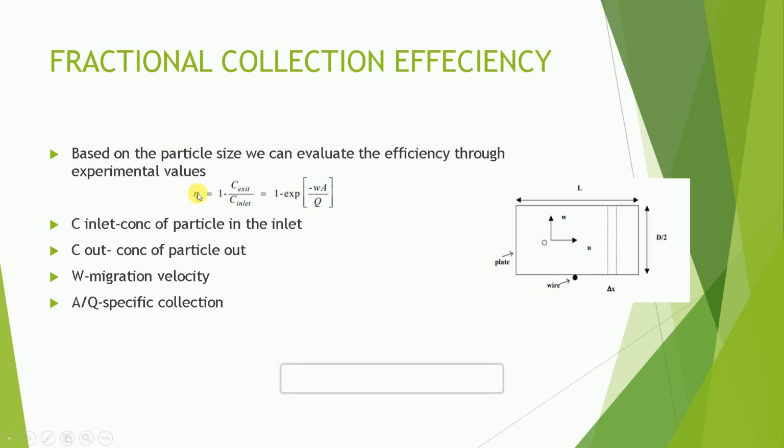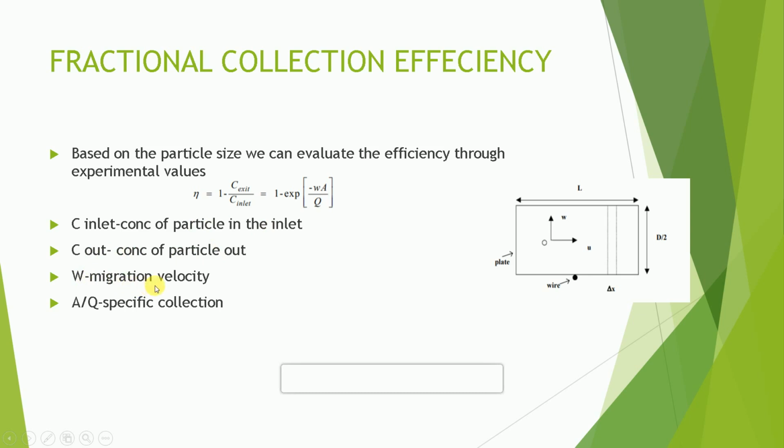Let phi be the efficiency. Phi equals 1 minus C exit by C inlet, or 1 minus exponential of minus WA by Q. Here C inlet is the concentration of particles at the inlet, and C outlet is the concentration of particles at the outlet.